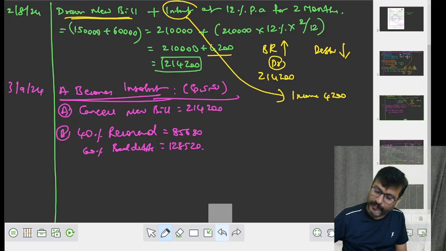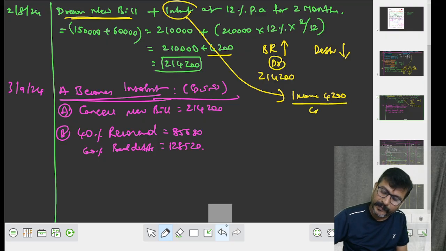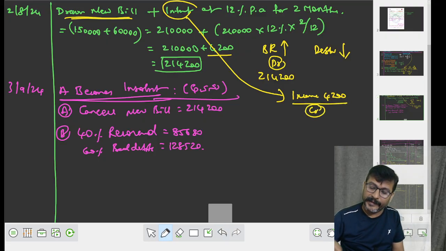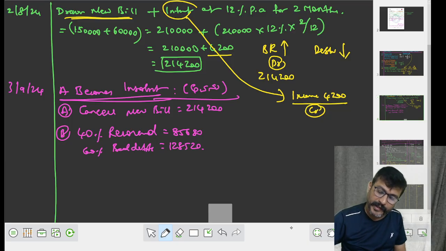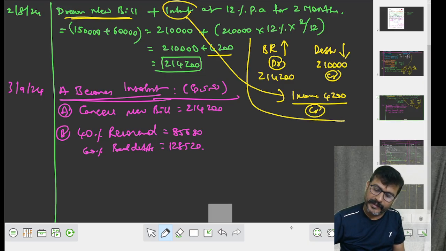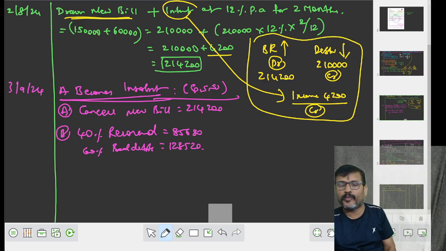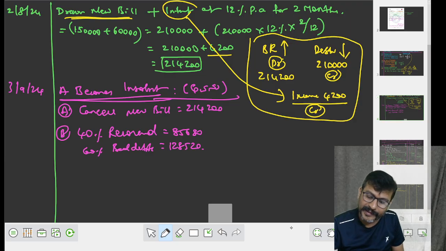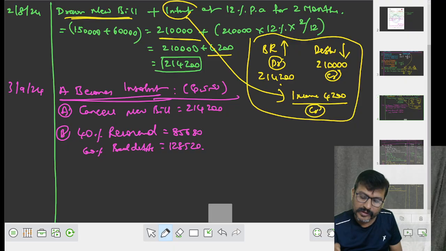This interest is an income. It is to be credited. डेटर को कितना आता, 4,200 गया तो 2,10,000 आया. This debtor is to be credited. Please remember this concept whenever a new bill is drawn. BR increased debit, debtor decreased credit with 2,10,000. 4,200 इनकम क्रेडिट.